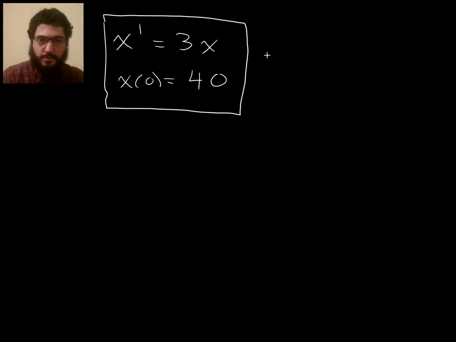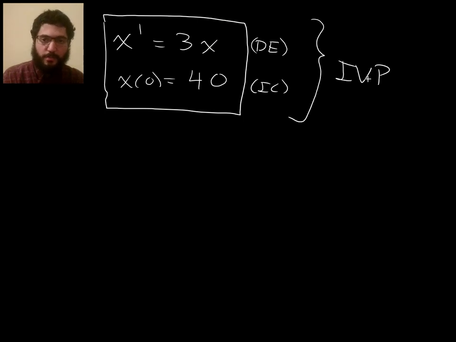So in this situation where you have a differential equation like x prime equals 3x and an initial condition like the value of x at a particular time, maybe 0, the whole setup is referred to as an initial value problem. And to summarize what I was saying earlier, given an initial value problem, you can get a particular solution.